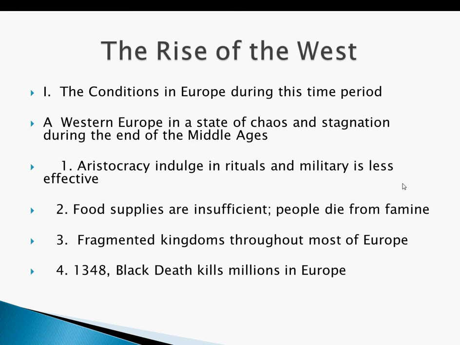It was based on allegiance, vassals swearing their allegiance to the king, and the vassals having knights swear their allegiance to them. And so the monarchies depended on the aristocrats to really enforce the rules, and it was pretty much fragmented in Europe. There wasn't real strong central governments.